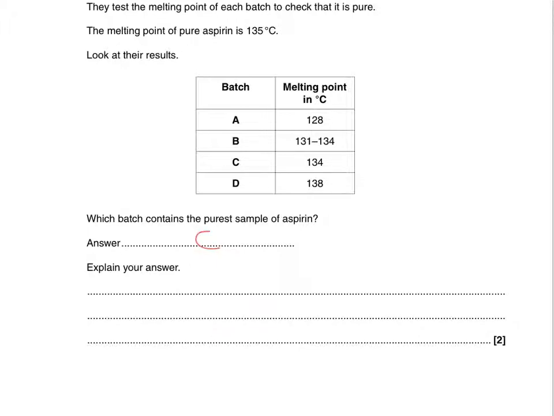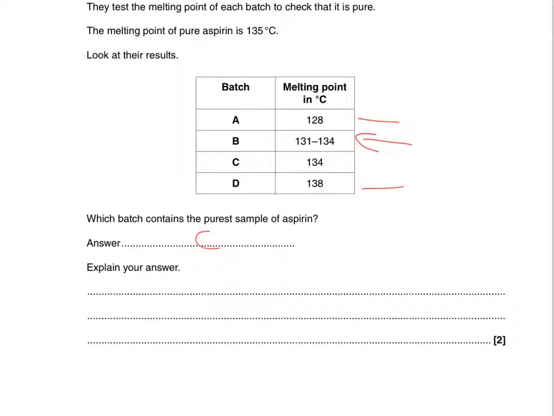Okay, you could argue that there's some pure stuff in B, but because it's going from 131 up to 134, it means we've got a bit of a mixture. We've maybe got some pure stuff, and then some not so pure stuff. 128 is too far away, and 138 is too high. Okay, so 134 is the closest, and that's all you've got to say to get your marks.